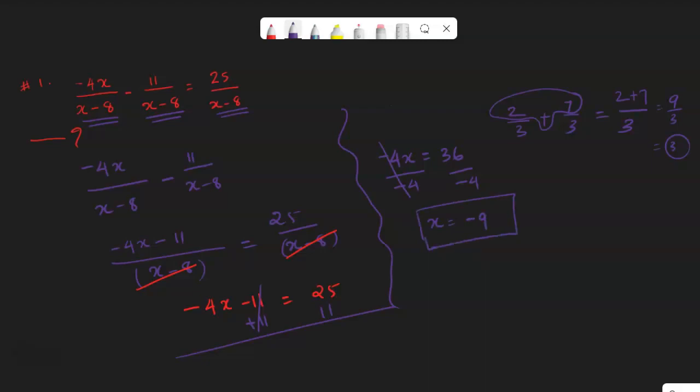So that is how we can solve a rational expression. This is the first problem, and I believe I got it.